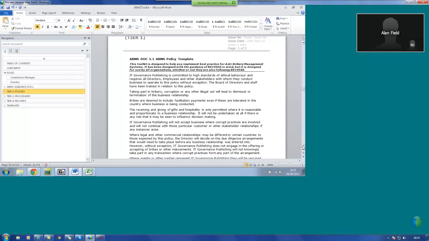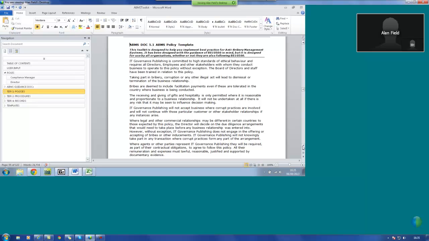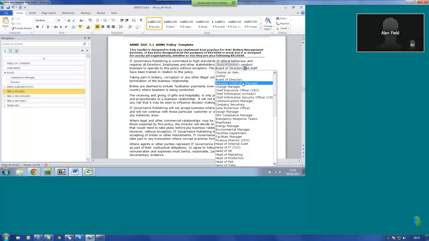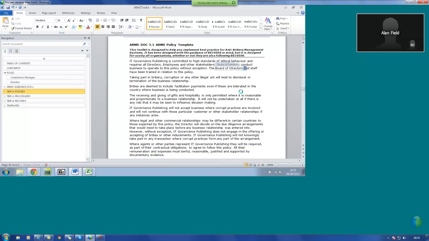So we have some flexibility in how you adopt these tools, but as you can see here, you can put in your own details, you can change responsibilities for certain things to fit in with your own business structure, and whoever, say, may be delegated to do certain tasks.